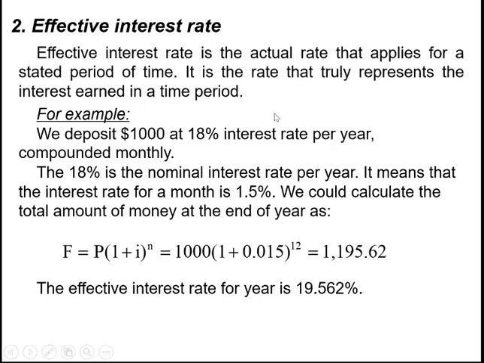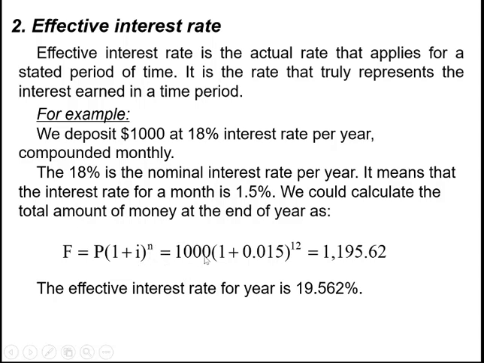When we calculate the equivalent values of money here, because it compounds monthly, we have to use the interest rate per month. So we can calculate the total amount of money at the end of the year: F equals P times (1 plus i) to the power of n.